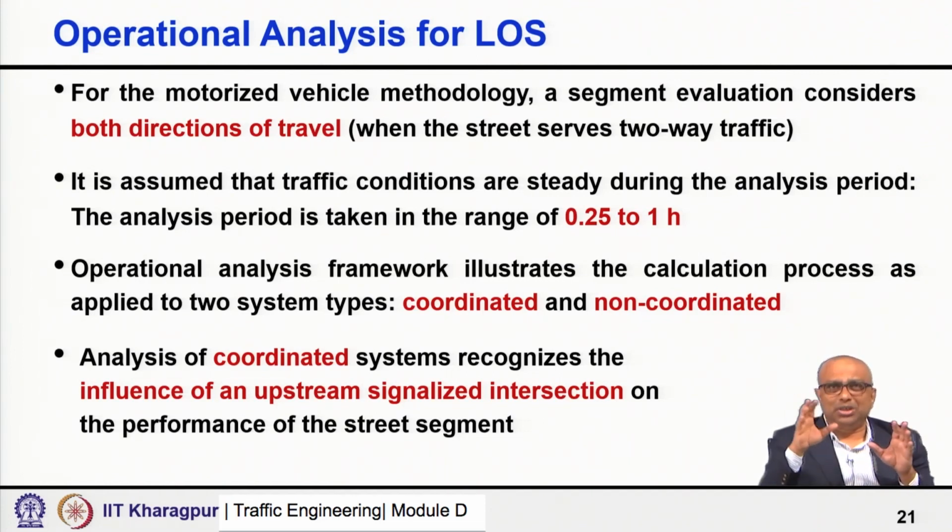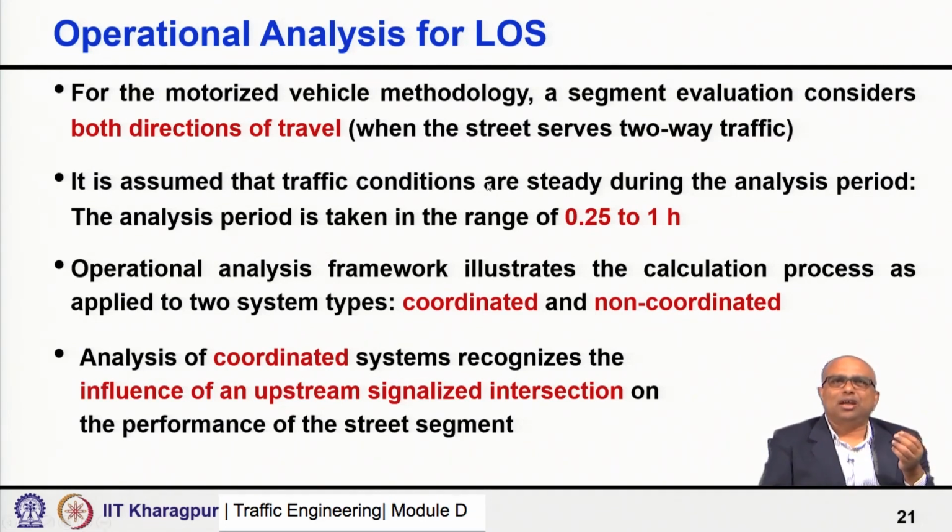So, when we have two-way streets, two-way traffic, then for the motorized vehicle methodology, we consider both directions of travel, because there is interdependency.